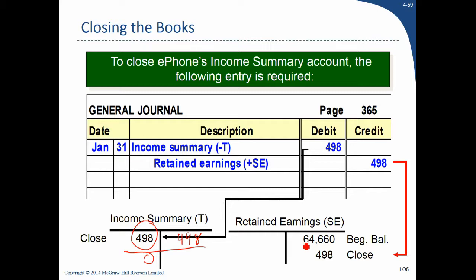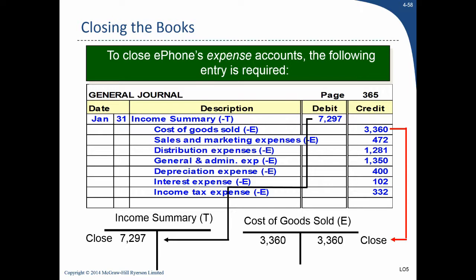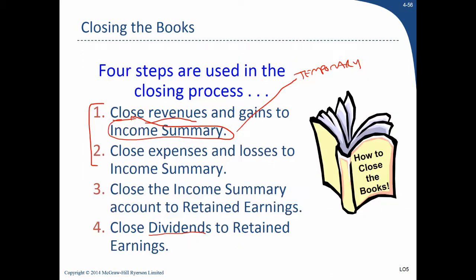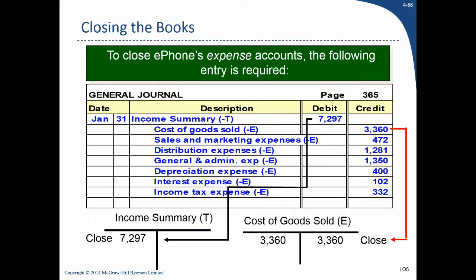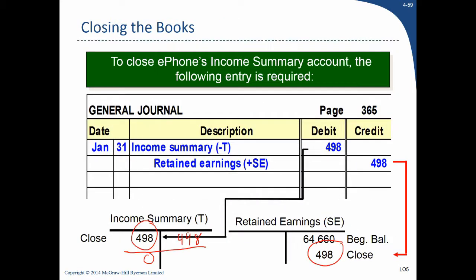Notice what's happening to retained earnings? The beginning balance was $64,660. The net impact is an increase of $498 because we're crediting it. So you could have told me that if you knew the net income for the year was $498, you would know that ultimately retained earnings will increase by $498.